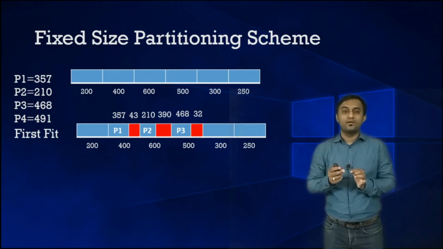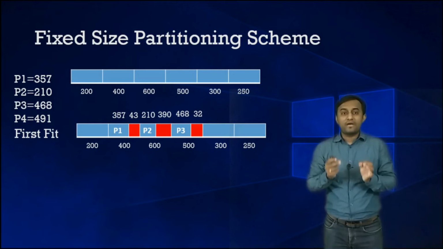The fifth one is available, but the size of the fifth one is less than the requested size, so we cannot accommodate the process. Then we will switch to the last block. Again, the size of that available space is less than the requested size, so we cannot accommodate it. So 491 KB cannot be accommodated in any of the available partitions.